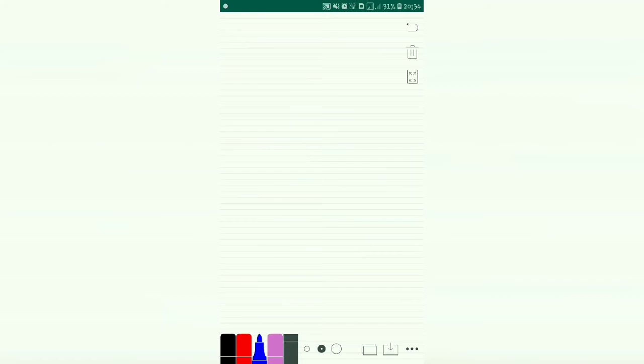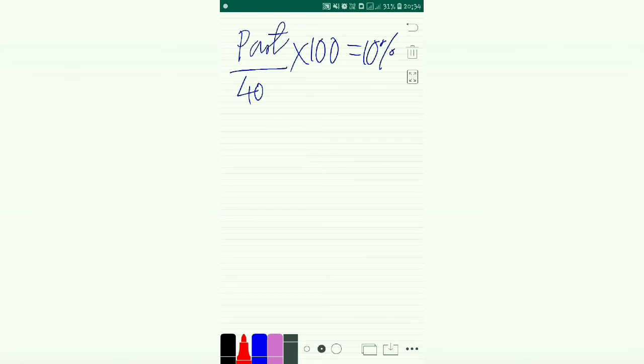After this, substitute in the formula, that is part upon total, which is 40 into 100 is equal to 10%, as we discovered just now. Now we can start cutting the zeros.